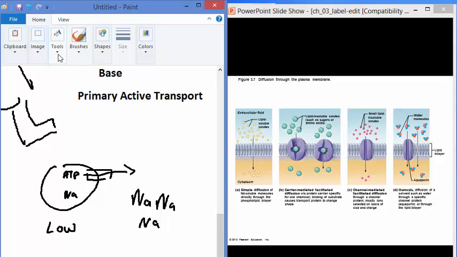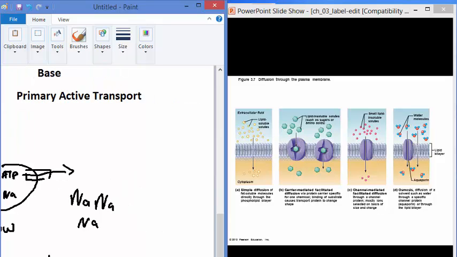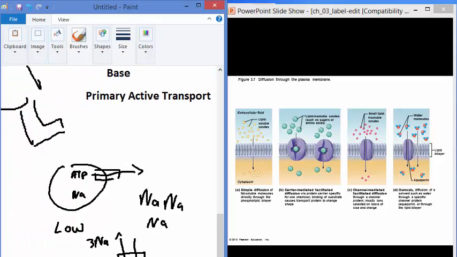What it does is pump 3 sodium outside of the cell and bring in 2 potassium. So think 3Na2K. It will pump out 3 sodium and bring in 2 potassium using ATP energy.